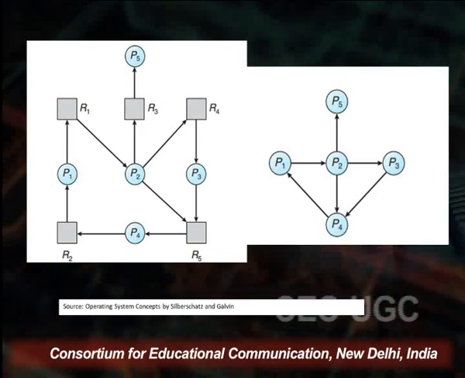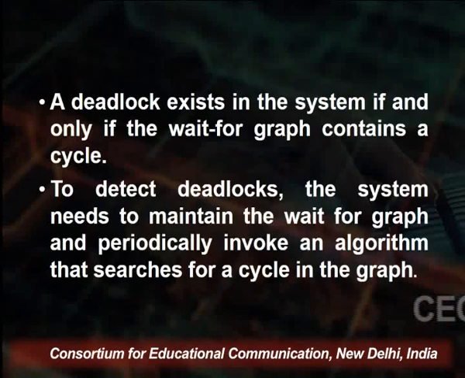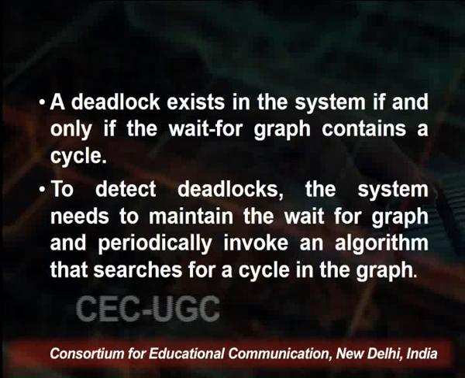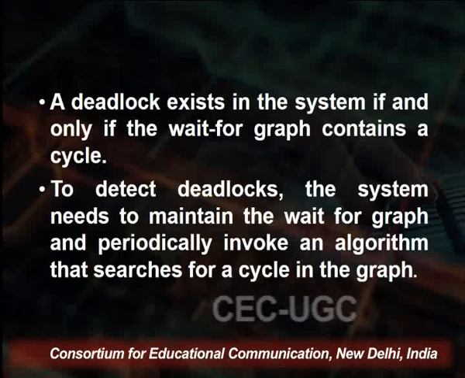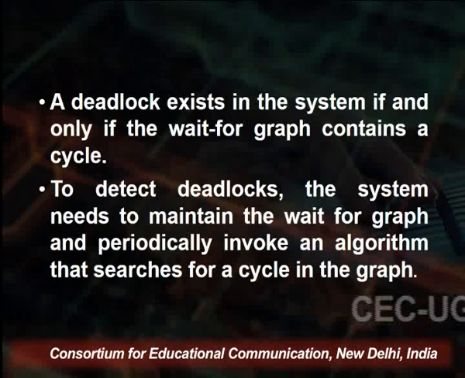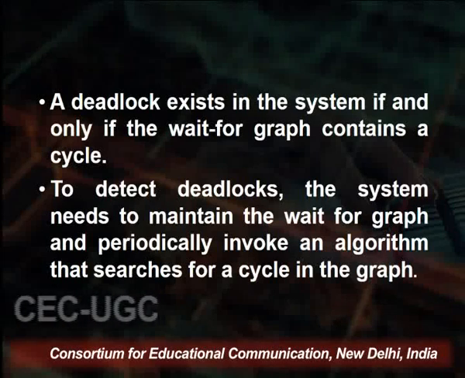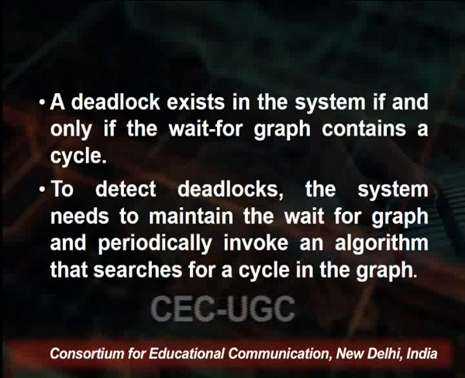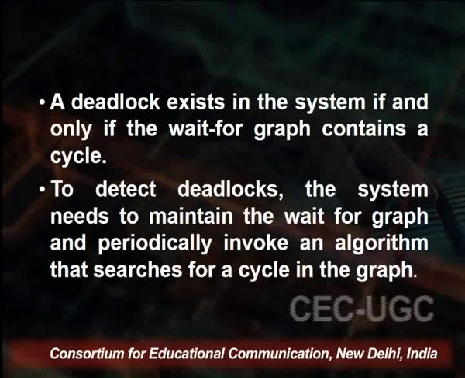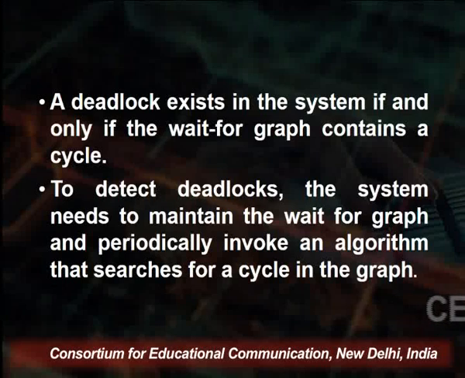In this wait-for graph we are going to look for a cycle. A deadlock exists in the system if and only if the wait-for graph contains a cycle, and in order to detect deadlocks the system needs to maintain the wait-for graph and periodically invoke an algorithm that searches for a cycle in the graph.